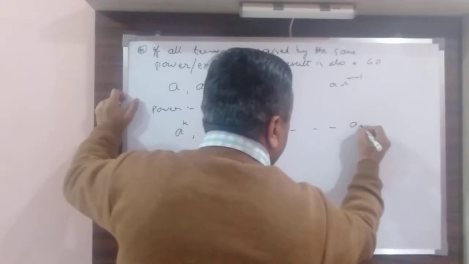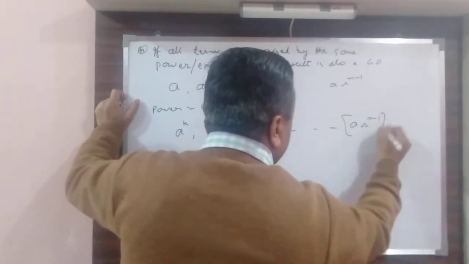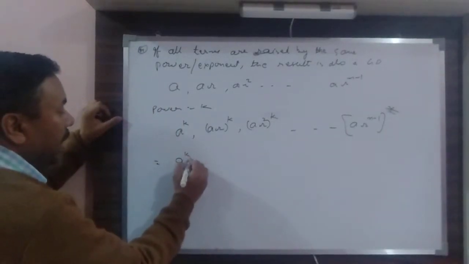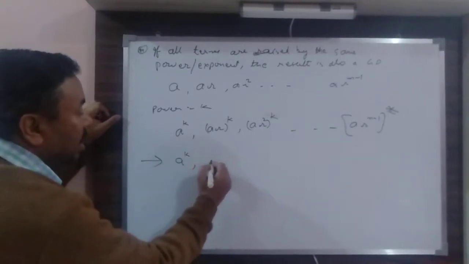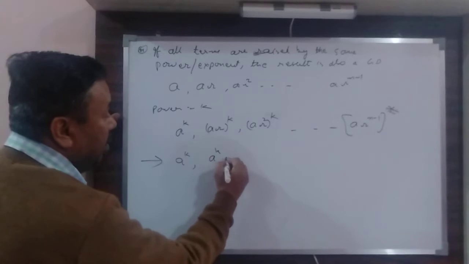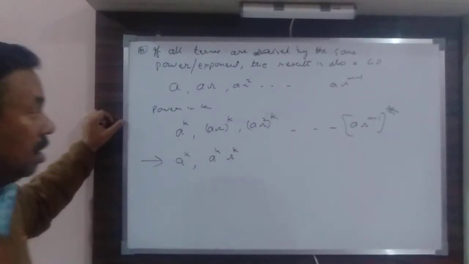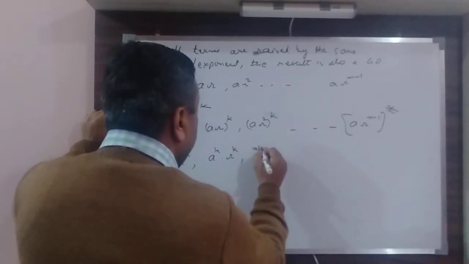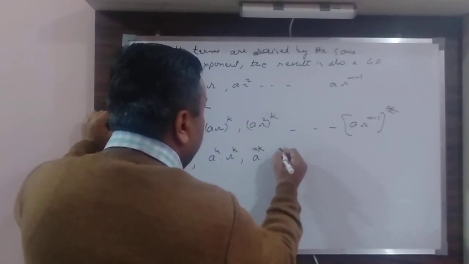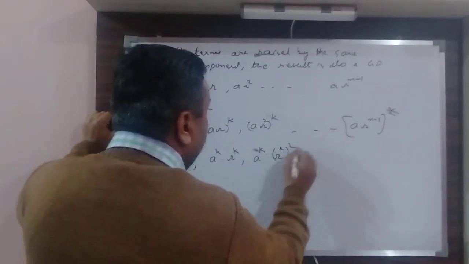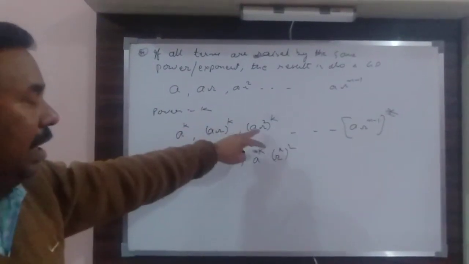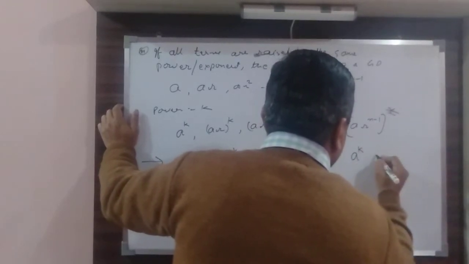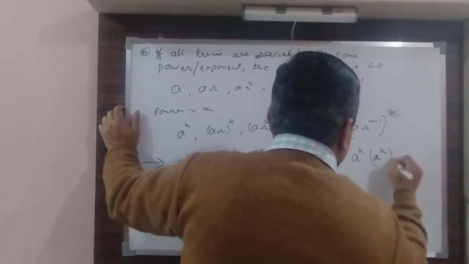And similarly, the last term will become AR raised to the power n minus 1, all raised to the power k. I can write it as A to the k, and the second term as A to the k multiplied by R to the k. The third term I can write as A to the k multiplied by R to the power 2k, and similarly the last term as A to the k multiplied by R to the k raised to the power n minus 1.